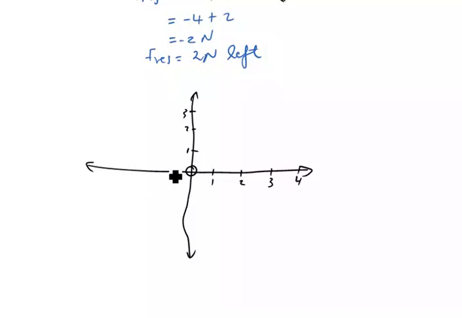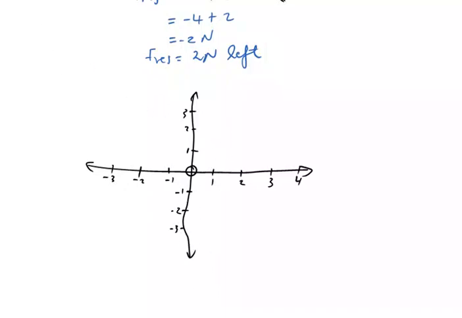Here we have -1, -2, -3, up to the negative infinity, right? Then here we have -1, -2, -3, up to the negative infinity.